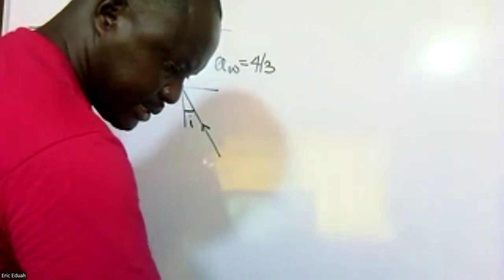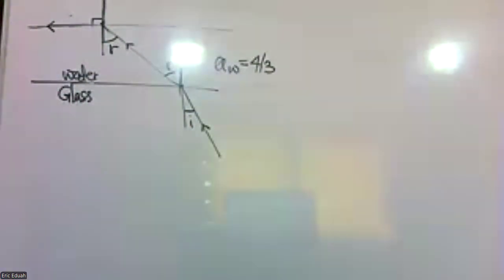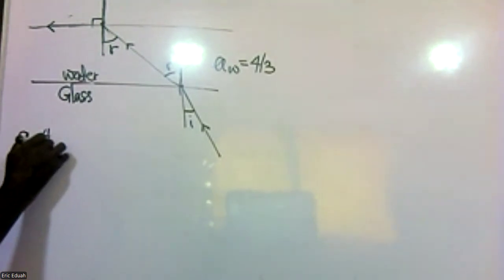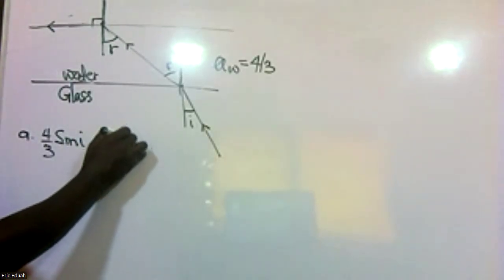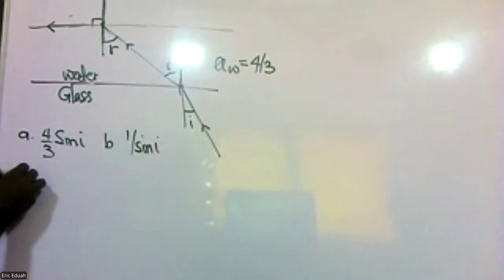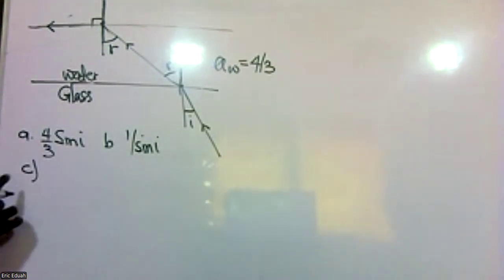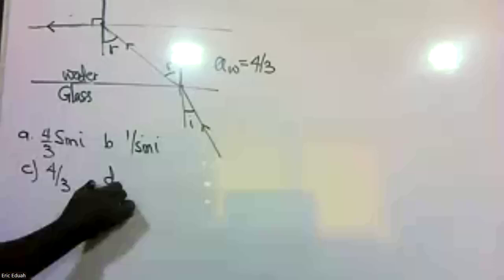The first answer: A, 4 on 3 sine I. B, 1 on sine I. C, 4 on 3. And D, 1.